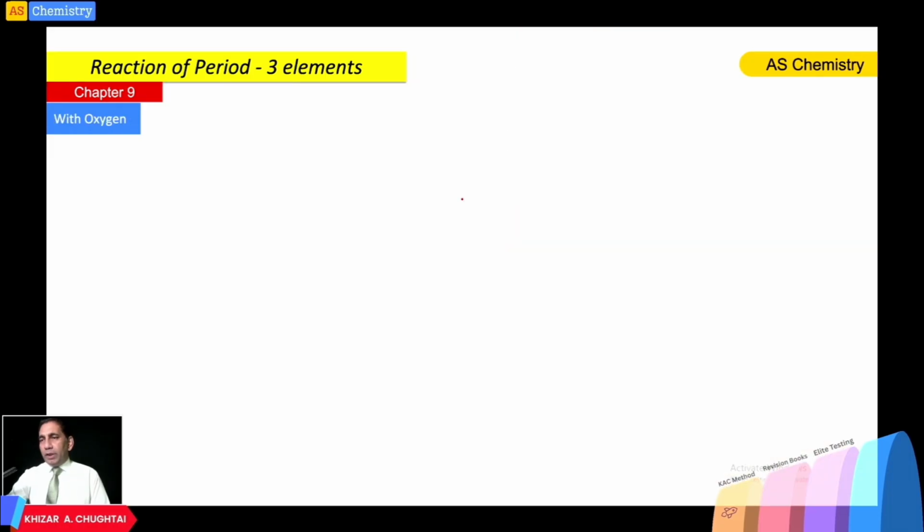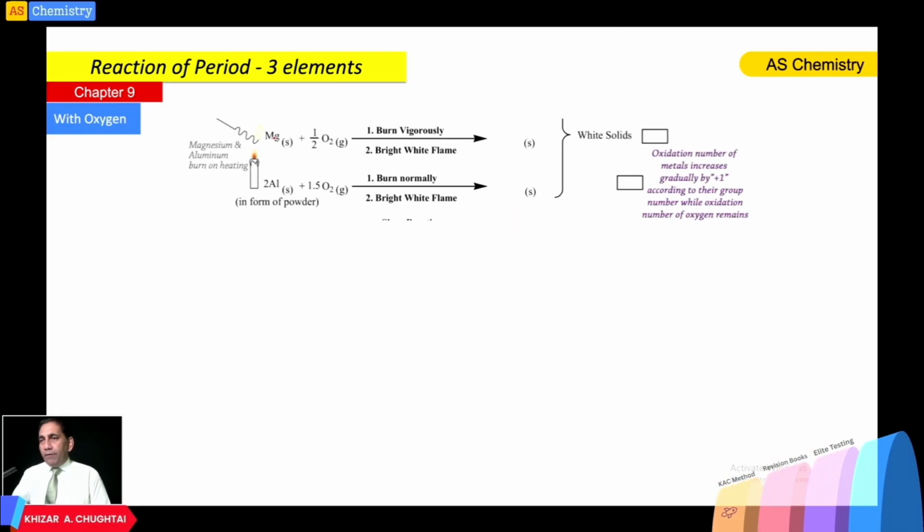When magnesium is allowed to burn with oxygen, it burns with a bright white flame and magnesium oxide is formed. Magnesium oxide is a white solid again, and the oxidation state is +2. So the metal magnesium is going to show a +2 oxidation state.